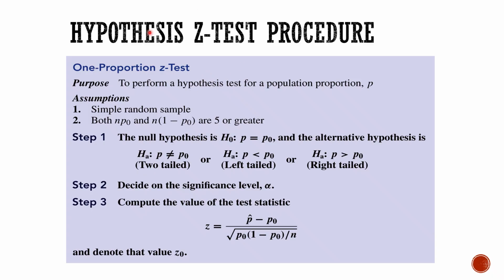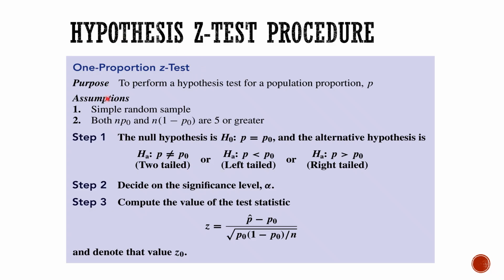Similarly, for hypothesis test, we are also going to use the z-distribution, and that's why it's called the z-test procedure. Now, this is a one proportion z-test. Later on, we will also learn about the two proportion z-test where we compare two proportions. But for this lecture, we will be focusing on one proportion z-test.